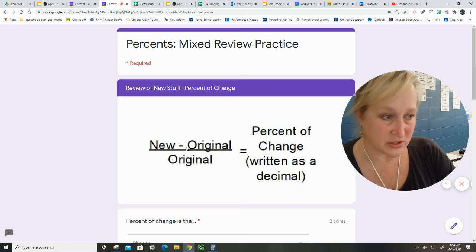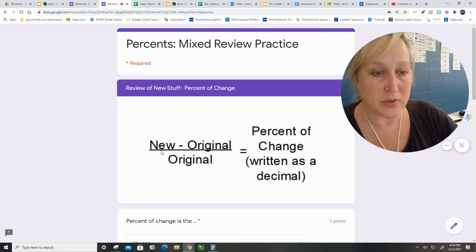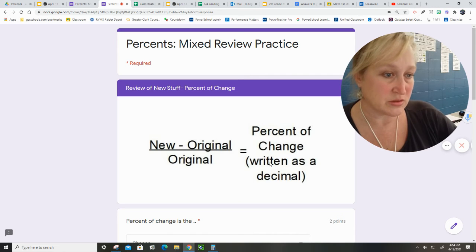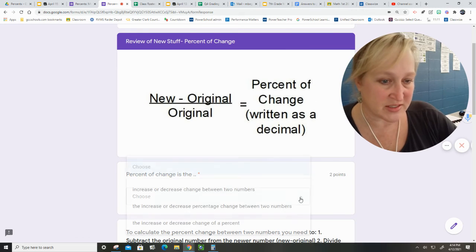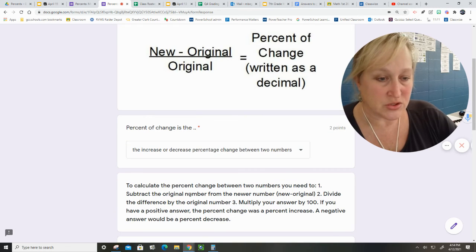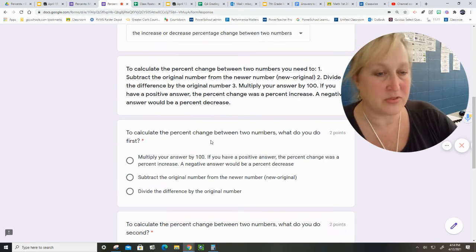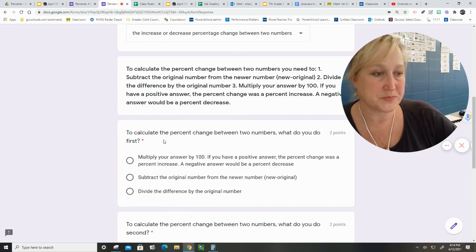This is the new material that we covered probably today, but I'm given the formula. New minus original is the percent of change. Percent of change is the increase or decrease percentage change between two numbers. To calculate, and this is telling me the steps, I'm going to use my reading skills to follow this.